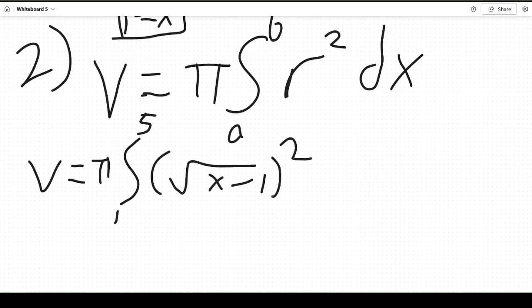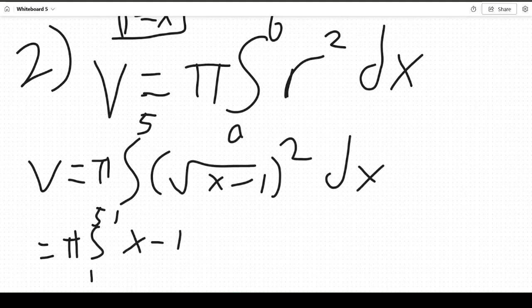The square root will cancel out the square, so we will be left with pi times the integral from 1 to 5 of x minus 1 dx.